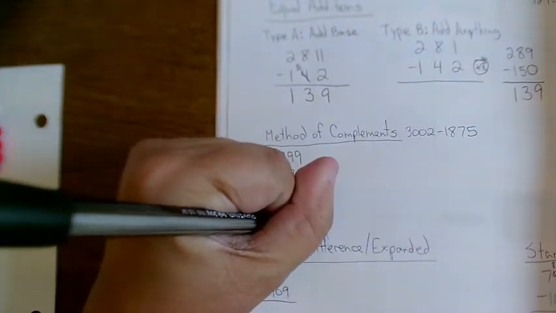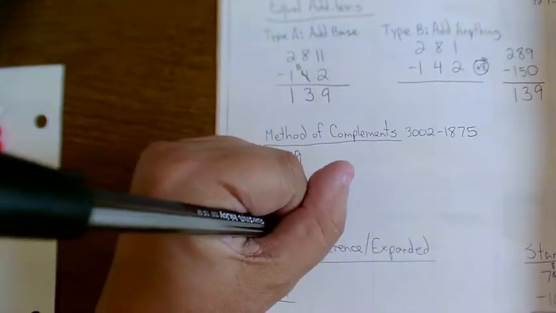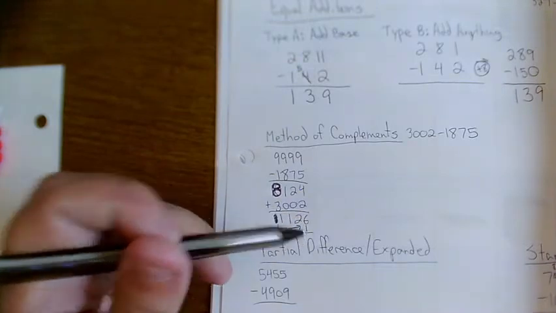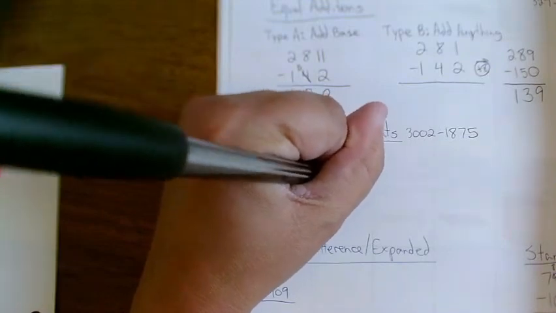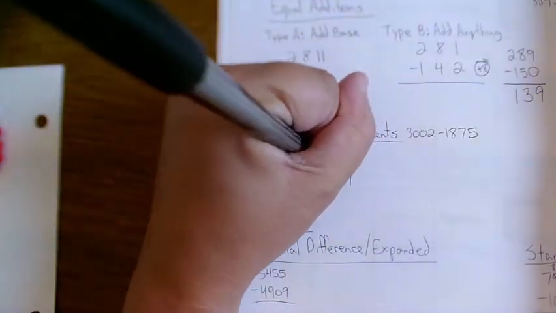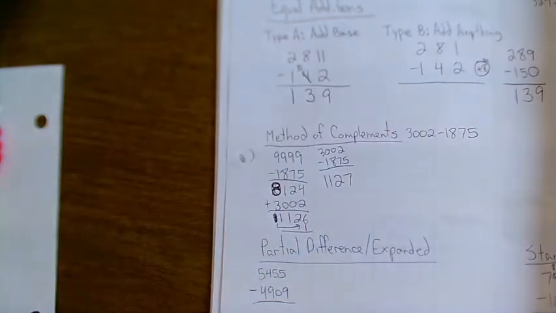We move it to the ones place, and then we're going to add. I'm a little bit out of room, but if we add this together, our final answer should be 1127. So 3002 minus 1875 is 1127.